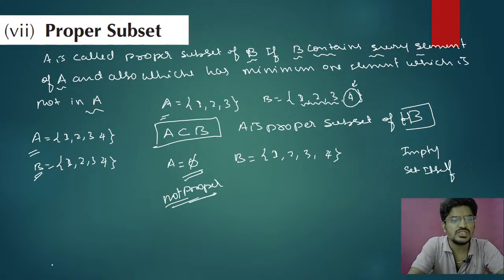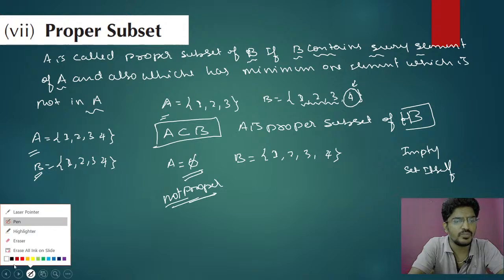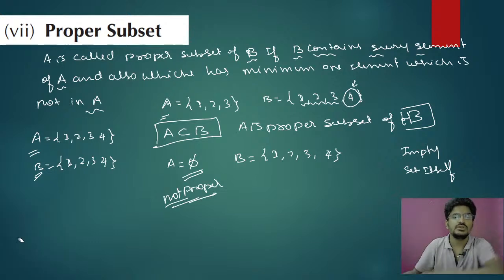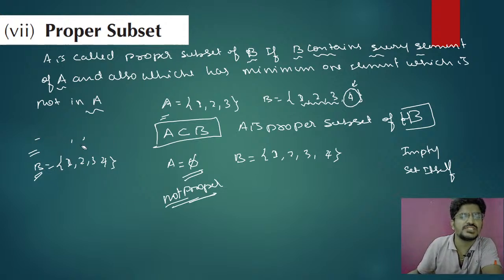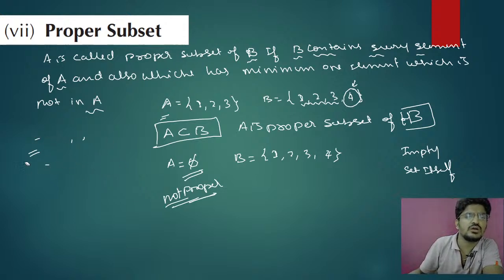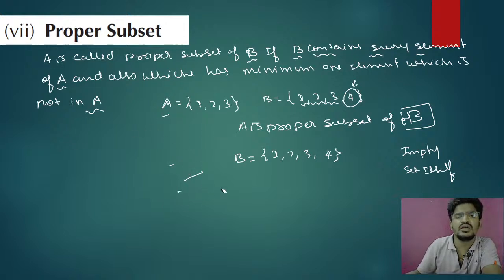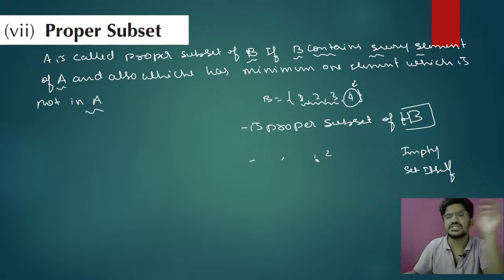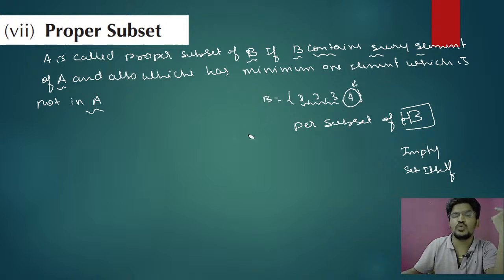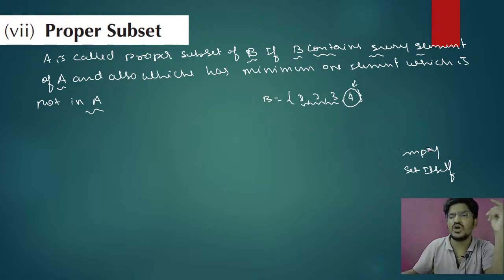These concepts you must know. Clear? I am going to write some very important notes for subset, proper subset and improper subset, so please all of you go through it. Proper means you must have at least one element which is not in the subset.